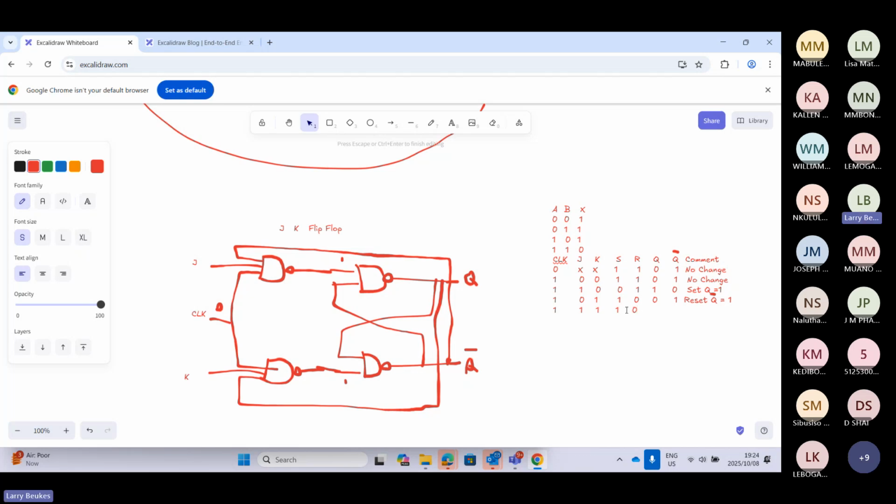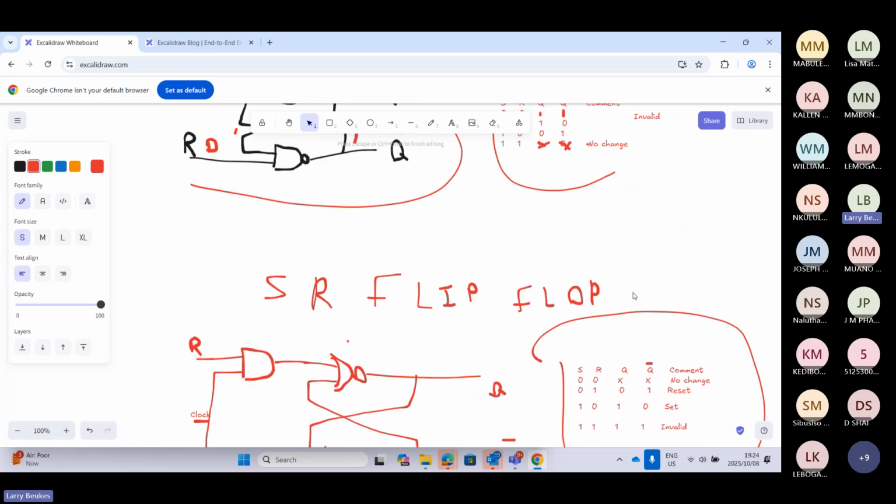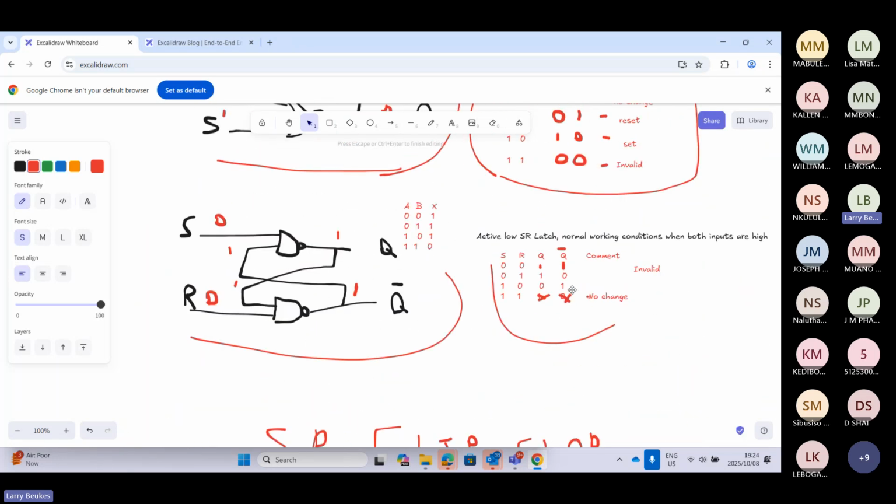But for 0, 0, now it eliminates that 0, 0. Do you see you don't get the 0, 0 anymore? It eliminates this 0, 0, which is invalid. Instead of 0, 0 being invalid and that race condition that I was talking about, it gives you the two options of 0, 1 and 1, 0, right?